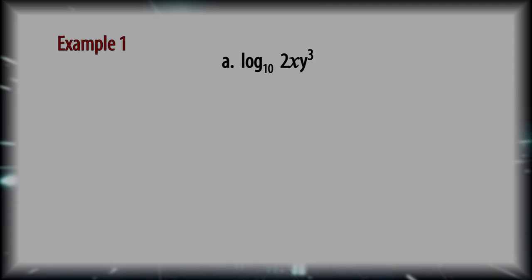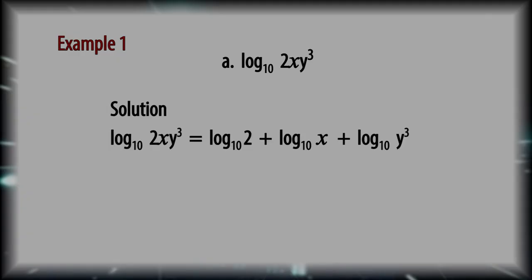We are going to express this as the sum of logs. So we have log base 10 of 2xy cubed to be equal to log base 10 of 2 plus log base 10 of x plus log base 10 of y cubed. That is the first rule that we learned.